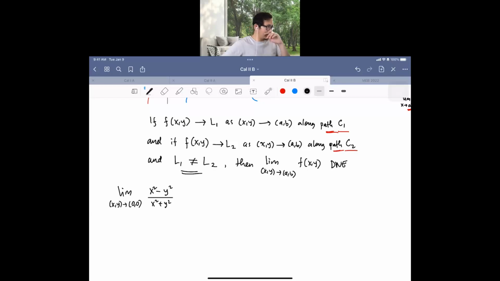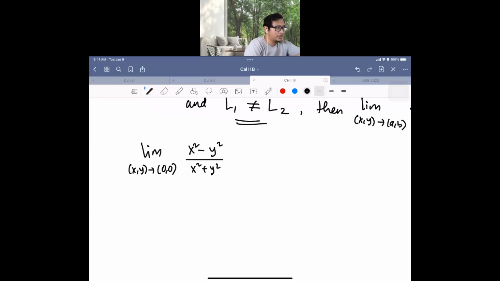Now first, approach x, y to 0, 0 along the x-axis. That means y is equal to 0.